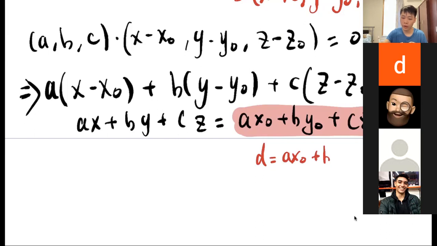This is another way of writing the equation of the plane when you're given a normal vector and a specific point on the plane. So with a normal vector and a point on the plane, you can get an equation of the plane with these two pieces of information.